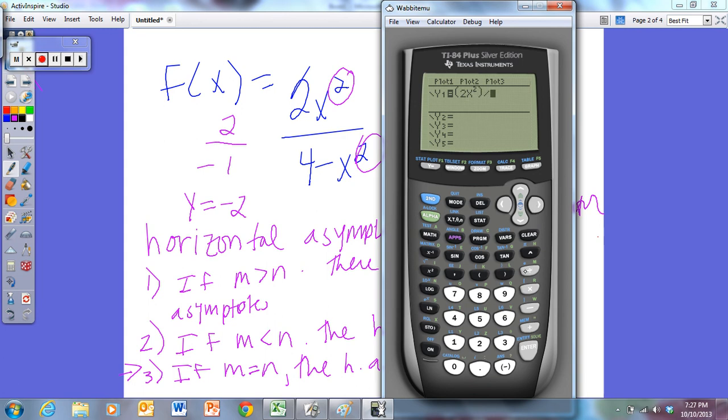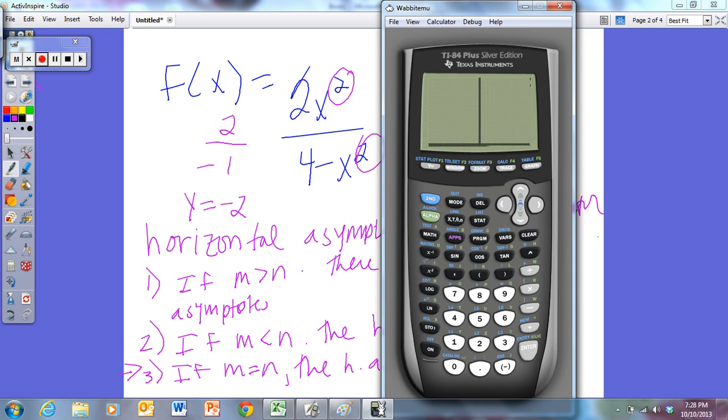Divided by 4 minus, oops, I gotta put that in parentheses too. X squared. This is the same function we just talked about. Let's look at the graph.